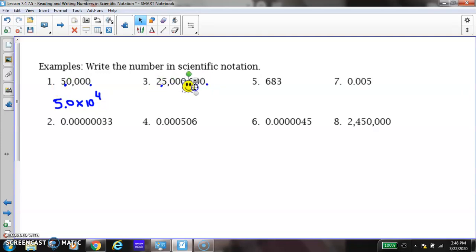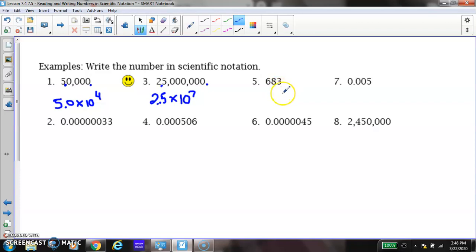So 1, 2, 3, 4, 5, 6, 7 places to get there. So I'm going to write down the first part, which is the 2.5, and get rid of all the extra zeros. I have a factor that's between 1 and 10. I have times 10, and since it's a large number, I'm going to be moving it 1, 2, 3, 4, 5, 6, 7 places, so it's a positive 7.